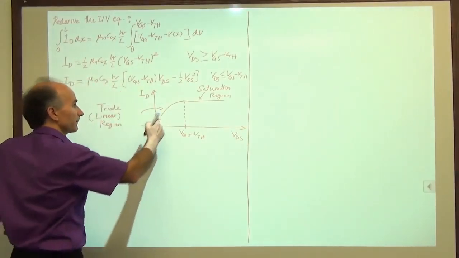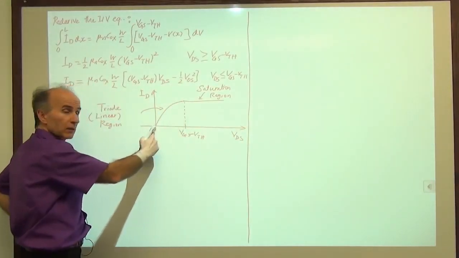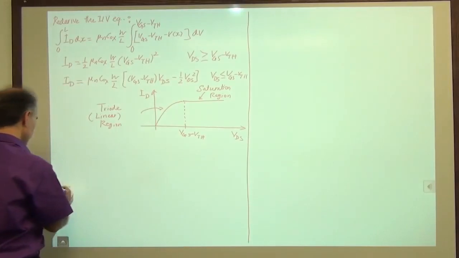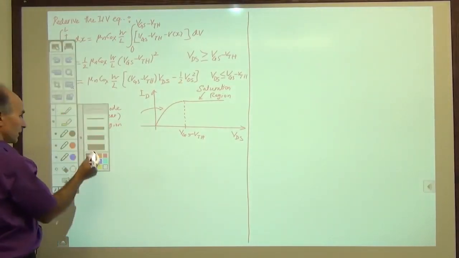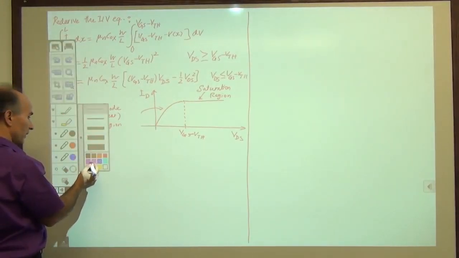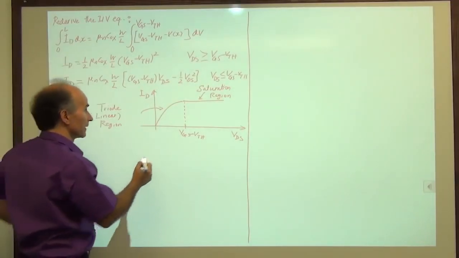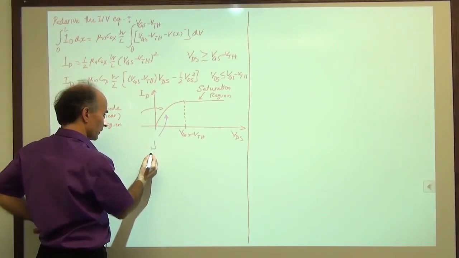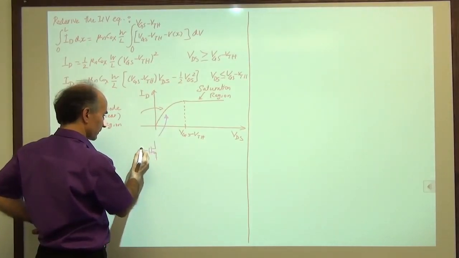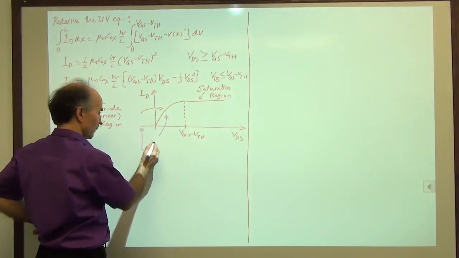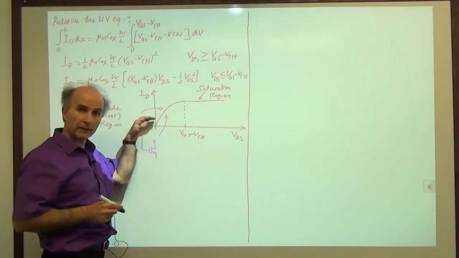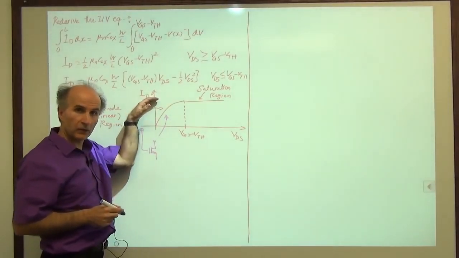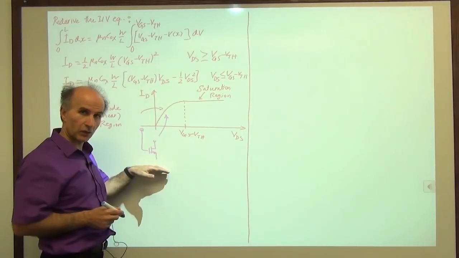All right, so here in the triode region, I can visualize the MOSFET as follows. Let me change the color of my pen. So around here, I visualize the MOSFET like so. Remember, we like to place more positive voltages higher on the page and more negative voltages lower on the page.